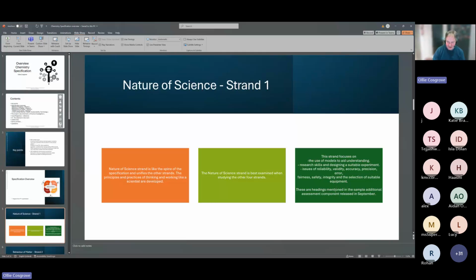The other bit of good news is they give you the headings that you need to use for the report, and that's in the sample assessment component that was released in September, up on the website examinations.ie. As we said, we'll have references and links later.